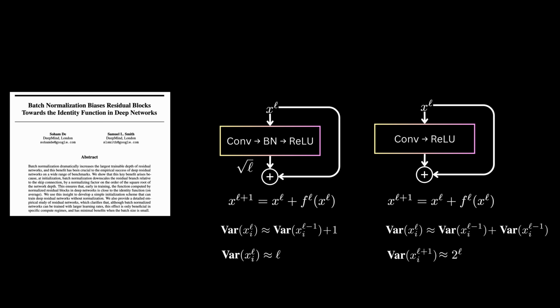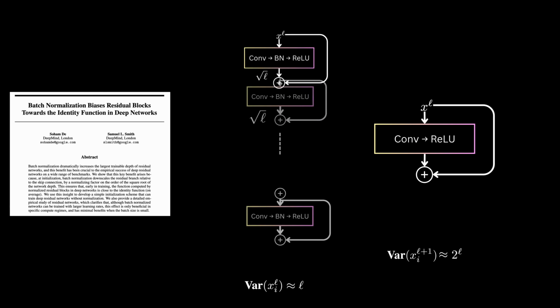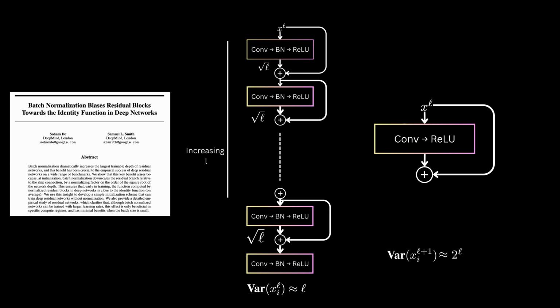So the residual branch contributes a smaller fraction of variance to the output of the residual block as compared to the skip connection branch. As we go deeper and deeper, so L keeps on increasing, this causes the output of the Lth residual block to be more and more dominated by the skip connection.